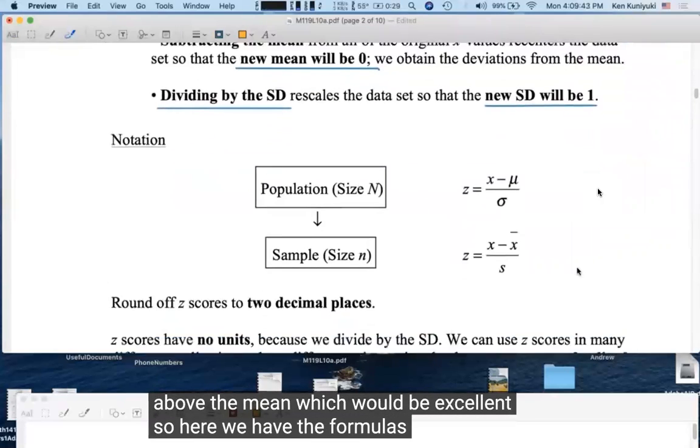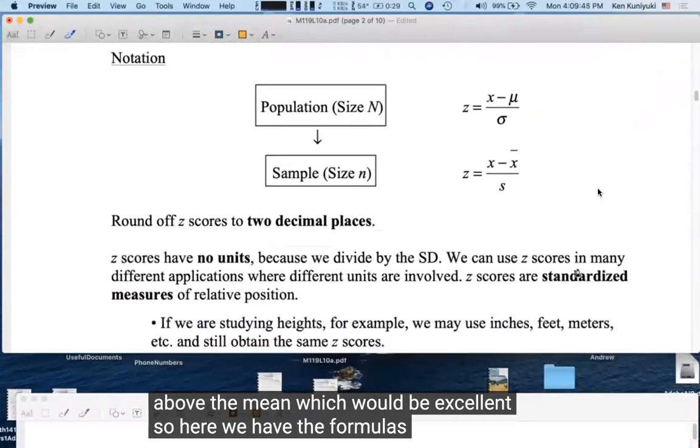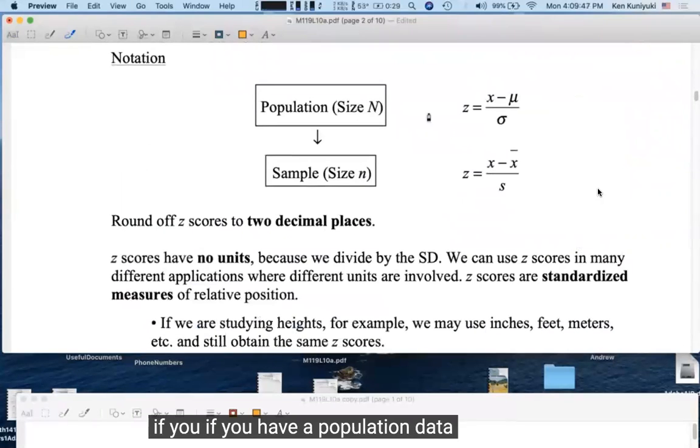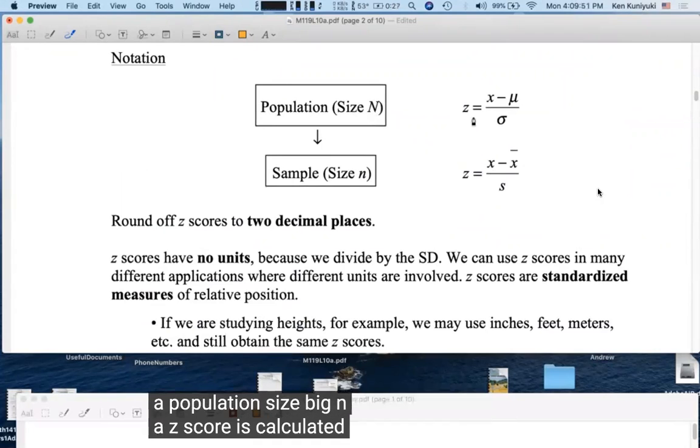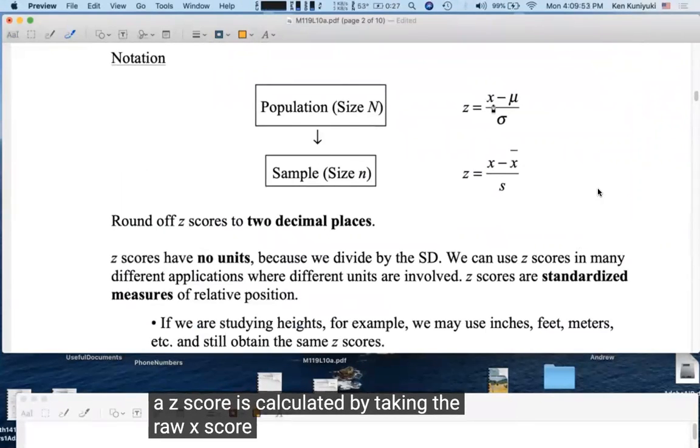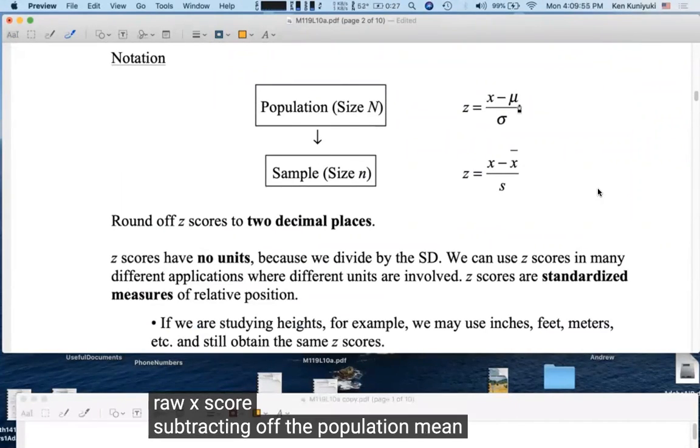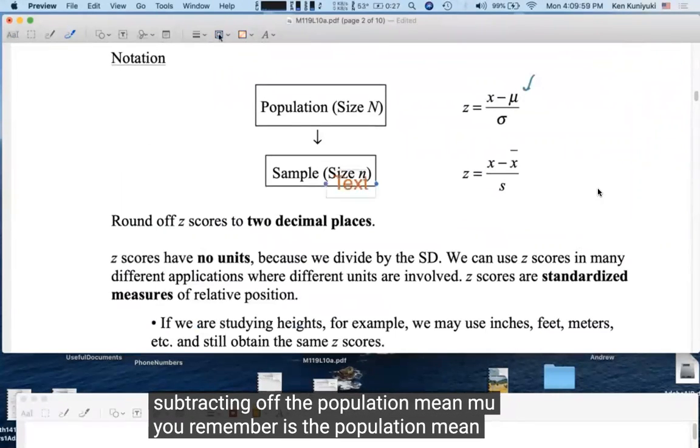So here we have the formulas. If you have a population data set, a population size big N, a Z-score is calculated by taking the raw X score, subtracting off the population mean, mu. You remember mu is the population mean.